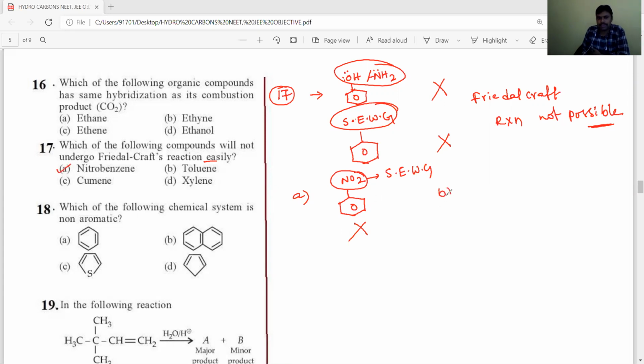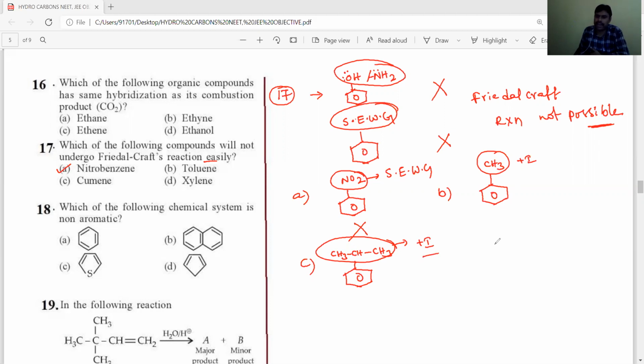But what about the remaining options? Just think. CH3 group: methylbenzene is called toluene. This is an ortho and para directing group, a plus I group. It undergoes Friedel-Crafts reactions. Next, option C, cumene, which is isopropyl benzene. The isopropyl group also acts as a plus I group, and it undergoes Friedel-Crafts reactions.